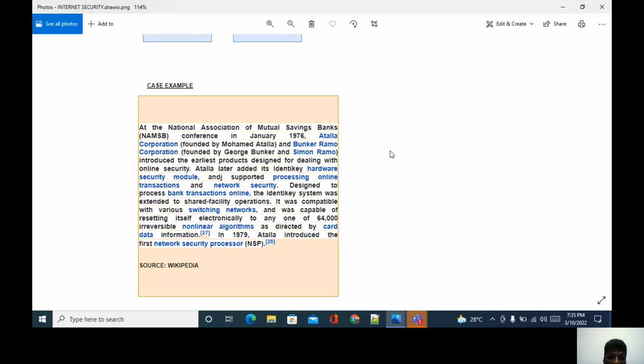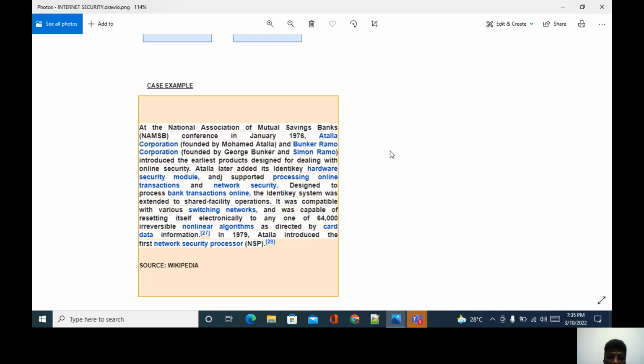Designed to process bank transactions online, the identity system was extended to shared facility operations. It was compatible with various switching networks and was capable of resetting itself electronically to any one of 64,000 irreversible nonlinear algorithms as directed by card data information.